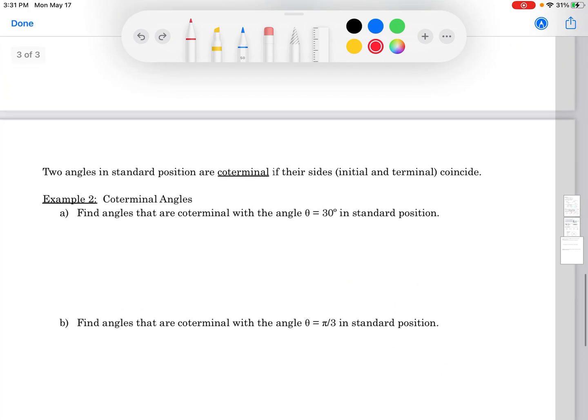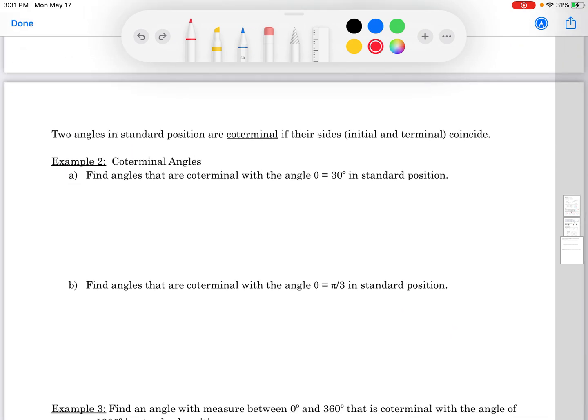All right. So two angles in standard position are considered to be coterminal if their sides, the initial and the terminal sides, coincide, meaning they are in the same spots. So I could have something like this. Here is my initial, maybe here is my terminal.